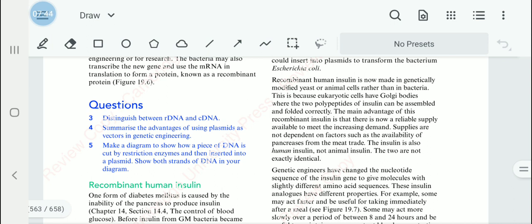And also this results in other advantages such as making sure the supply is constant.